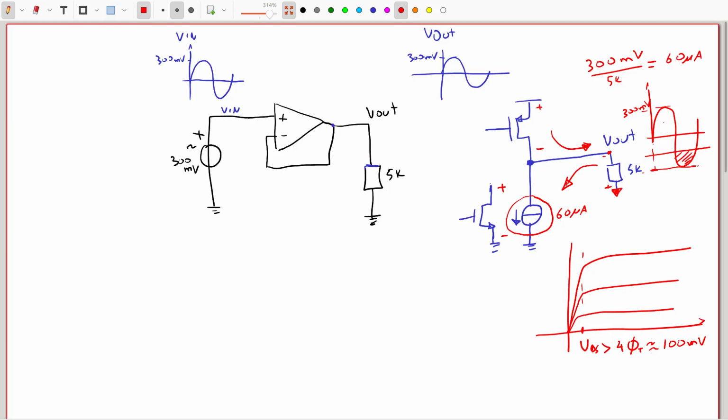In practice, I need to take larger margins because over corners, process variations and temperature, this will be different. But at least I need to take 100 millivolts plus the voltage swing. So if the voltage swing here is 300 millivolts, I add at least 100 millivolts, then this VDS has to be larger than 400 millivolts, and then we will call it this one.